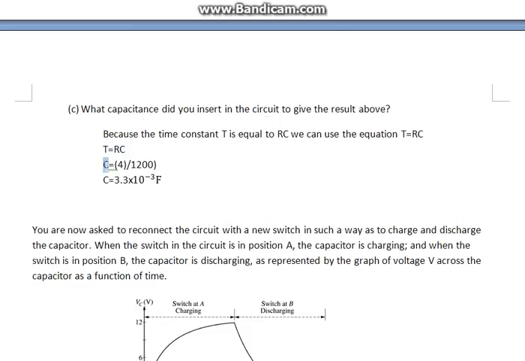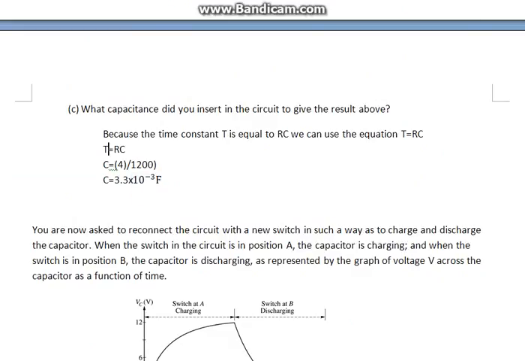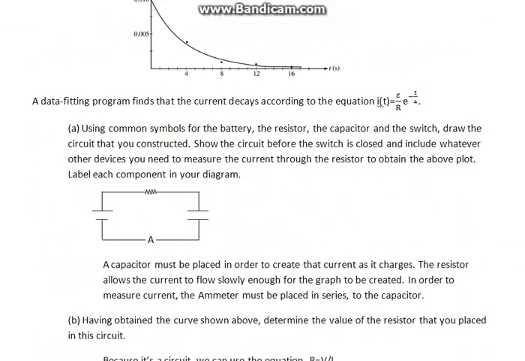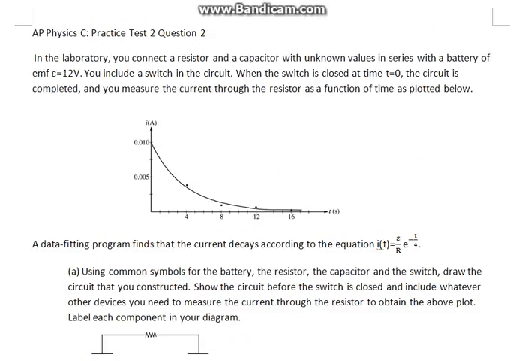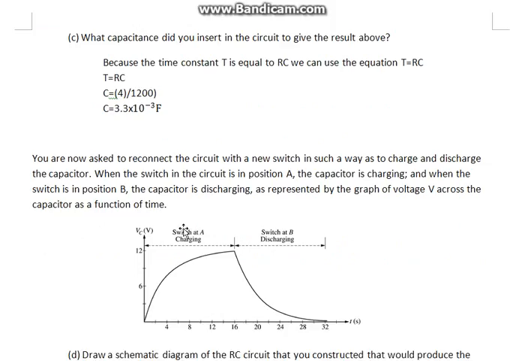Because we plug in 4, we divide both sides by R in order to isolate C, and we get C equals tau over R. We plug in 4, the time constant we have right here, and we plug in 1200 from the answer that we got here. So the capacitance turns out to be 3.3 times 10 to the negative 3.